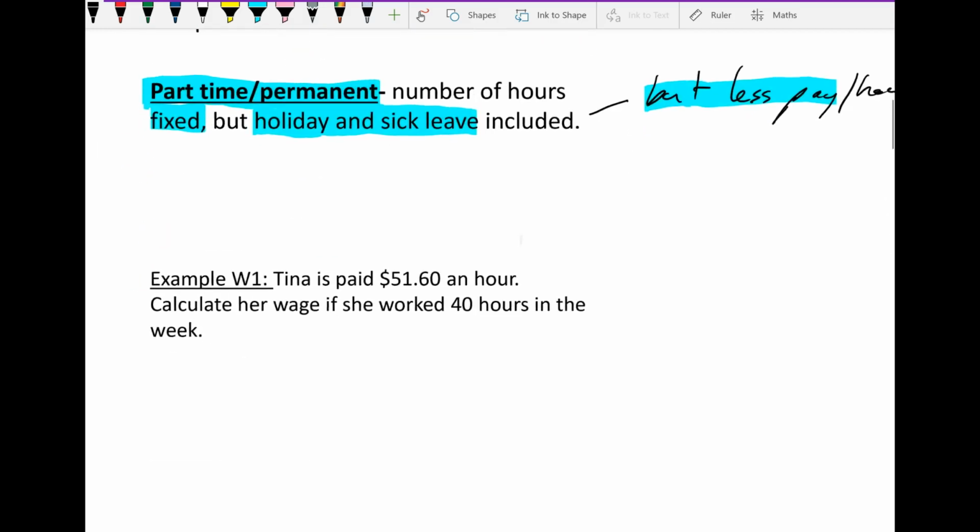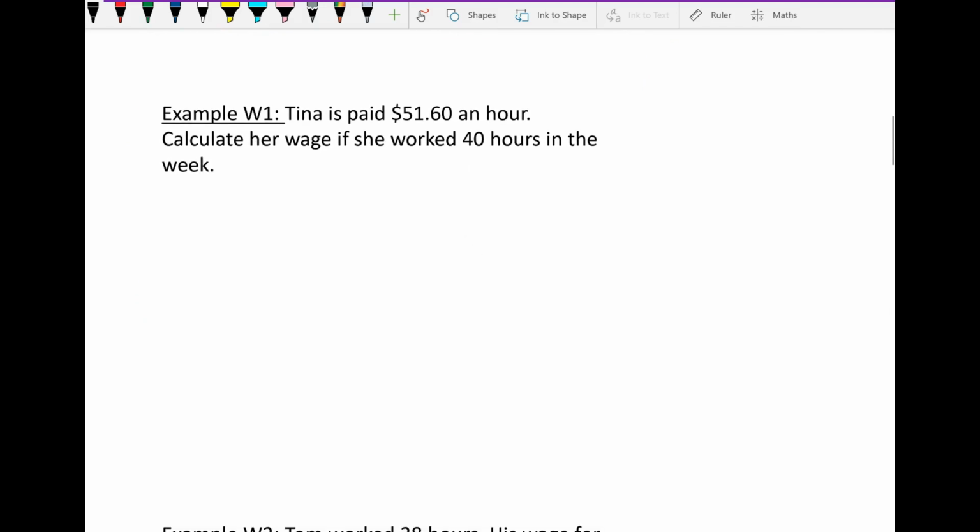So let's take a look at an example. Tina is paid $51.60 an hour. Calculate her wage if she worked 40 hours in the week. Okay, well here we go. Her wage is going to be $51.60 per hour times the 40 hours she works.